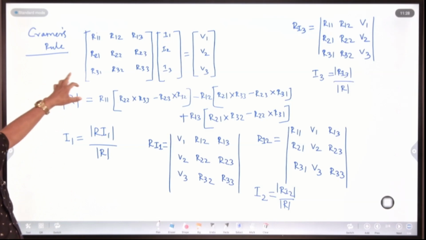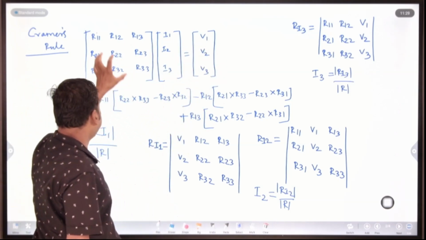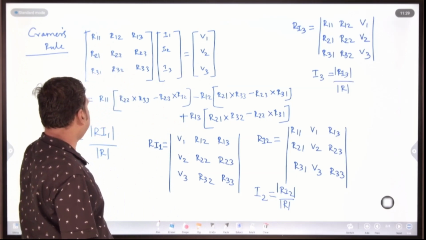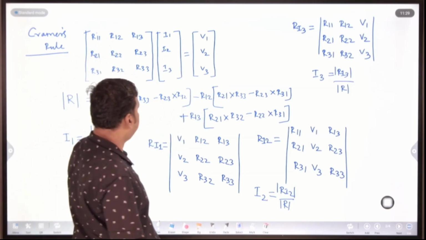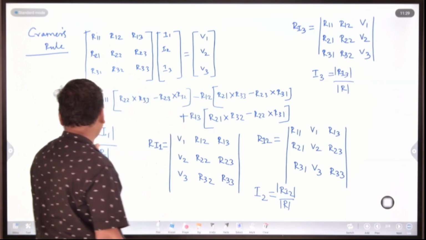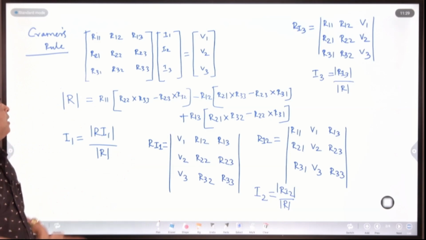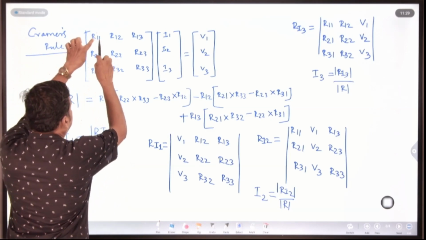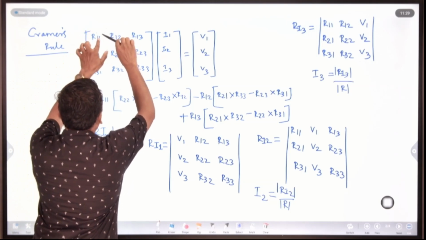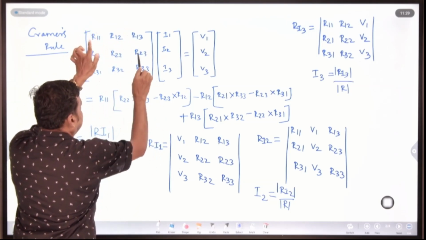This is your resistance matrix, current matrix and voltage matrix. So simply calculate mod R, meaning the determinant of the resistance matrix. Then R I1, to calculate the unknown quantity I1: for I1, you close the first column, and you will get these 4 terms, this into this minus this into this.